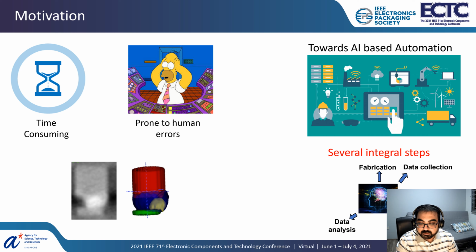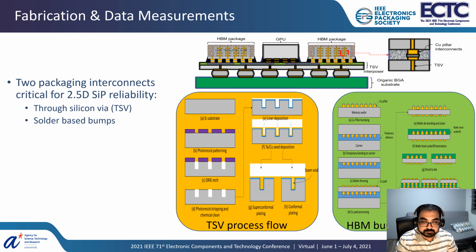You perform data analysis, sometimes called post-processing or 3D metrology, and then you need to look at some recipe optimizations: how do you go back and correct the issues that we are facing when we look at the data, and what parameters do we need to put in the tools to fabricate the required data. And then the cycle can repeat multiple times before we finally arrive at a really good solution.